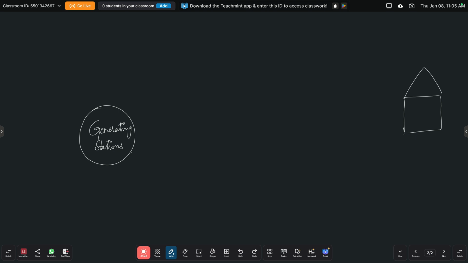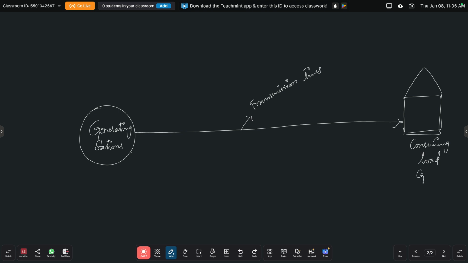Here we are going to represent it. Power is transferred from this place to this place through transmission lines, from the generating stations to the consuming load centers.